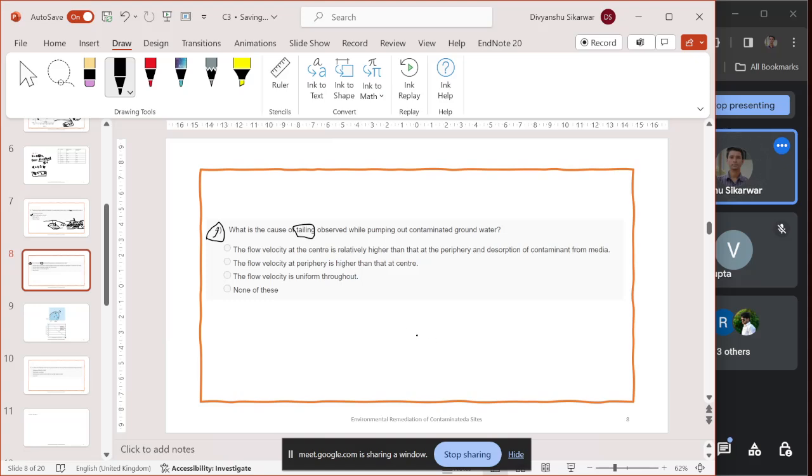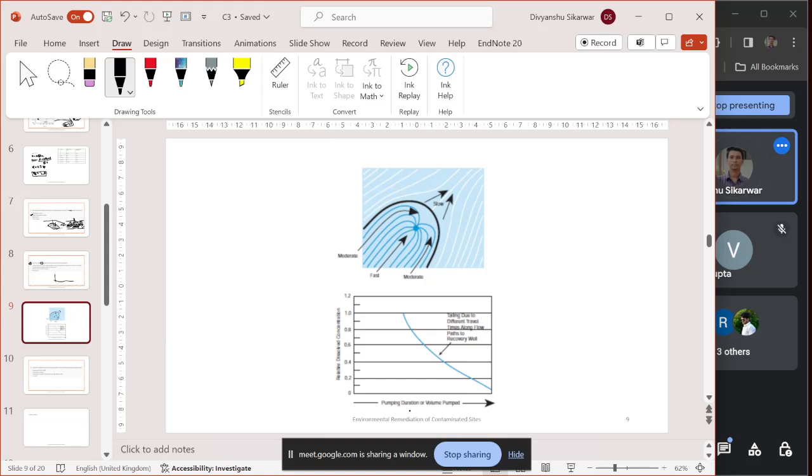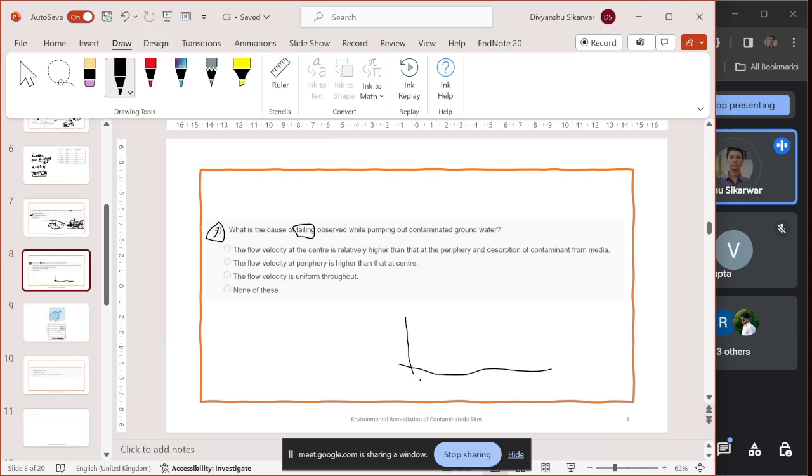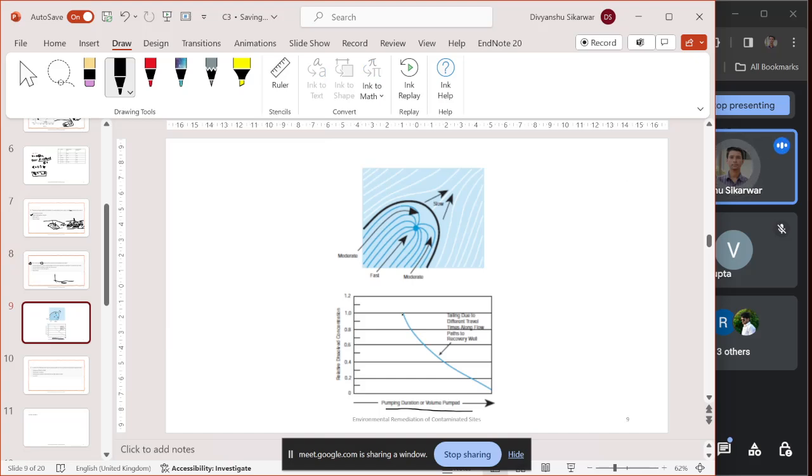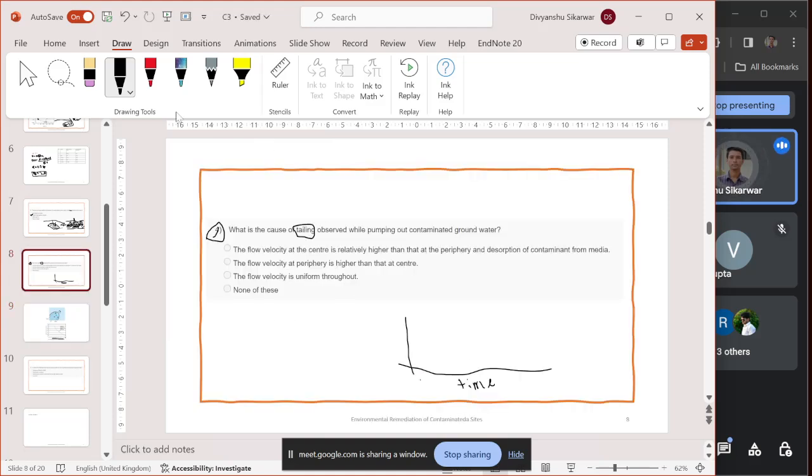There was a graph discussed in the lectures with pumping duration, or time, and the concentration of contaminant, the relative concentration. With time, when you are pumping out water, let me discuss from the start.